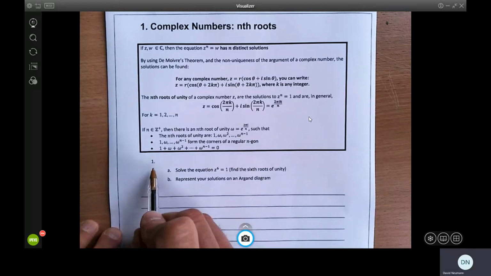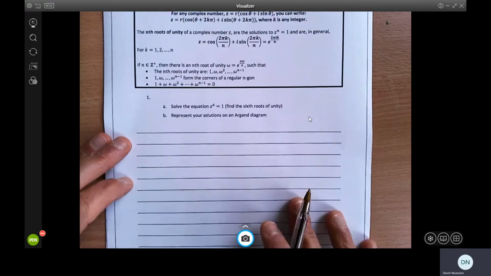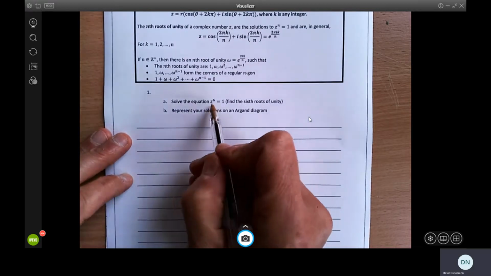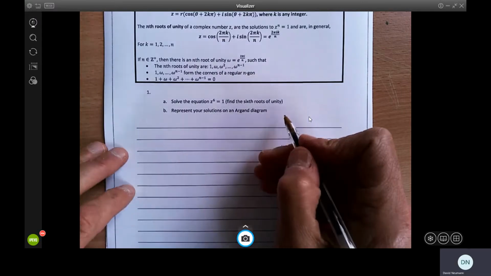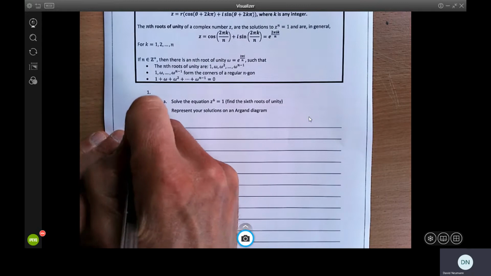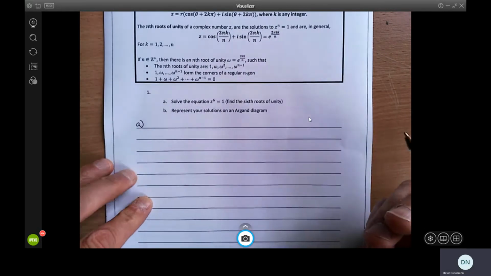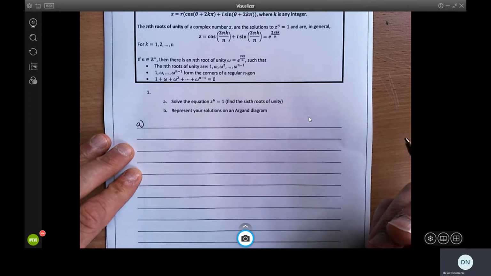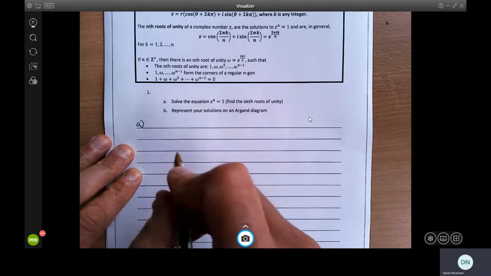So let's go to example 1 here. It says solve the equation z to the power of 6 is equal to 1. In other words, we're going to find the 6th roots of 1. So we can use what we've seen here to write down these 6th roots straight away in exponential form.